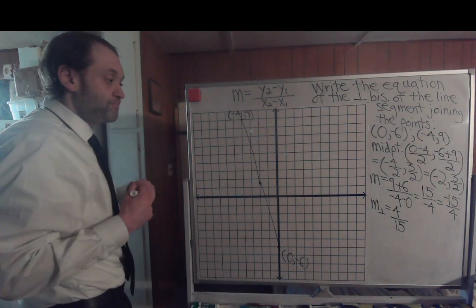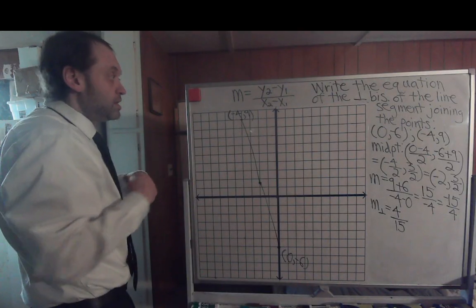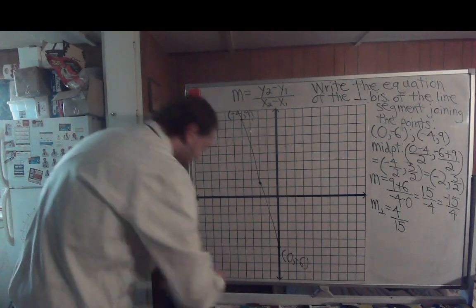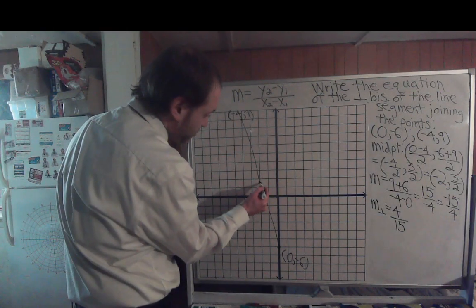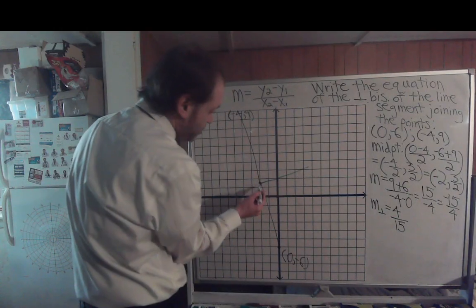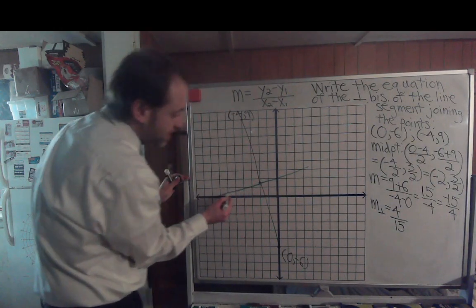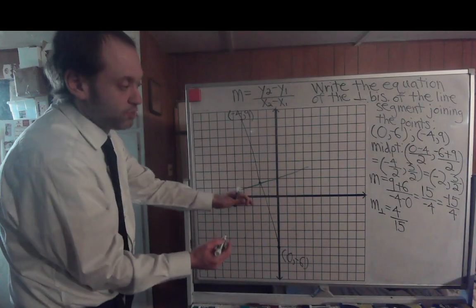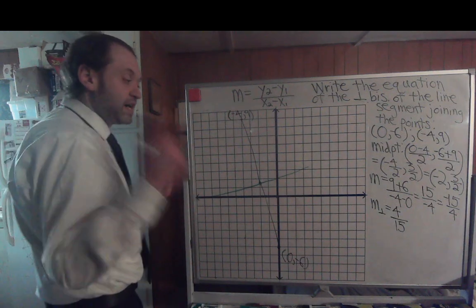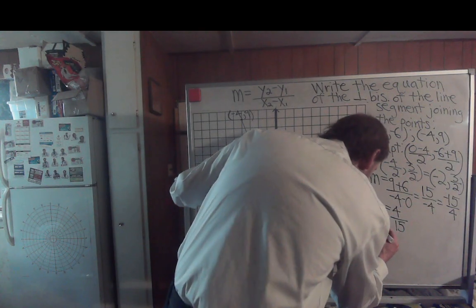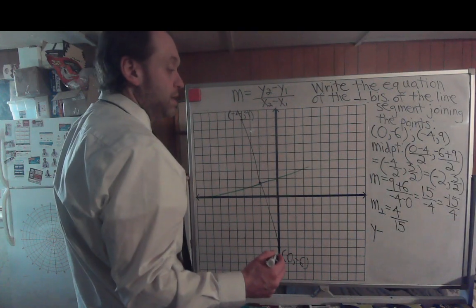And then, in other words, your perpendicular bisector, probably not the best drawing, it's going to do something like this right at the midpoint. There's your perpendicular bisector roughly. Now, let's find the equation of that line. So y minus your y1, which is your midpoint, of 3/2.